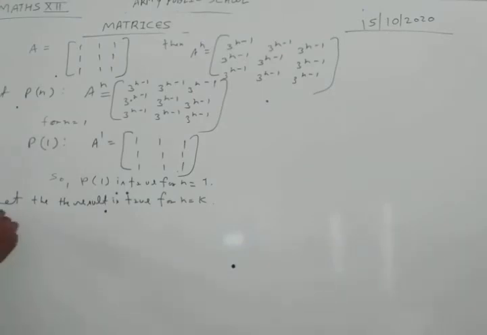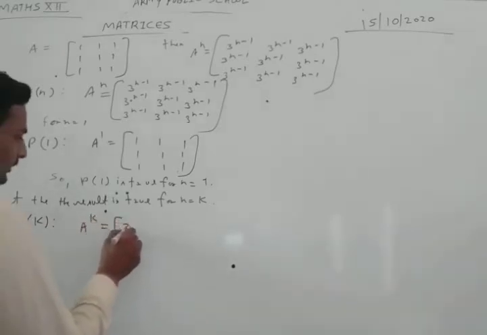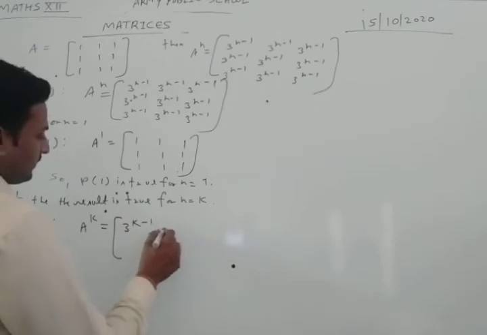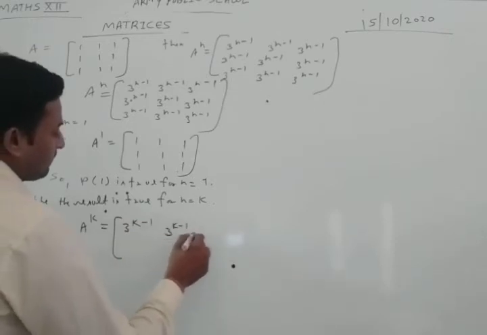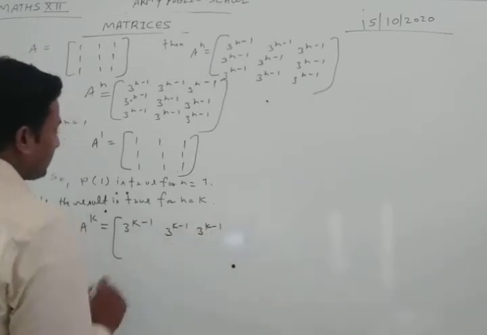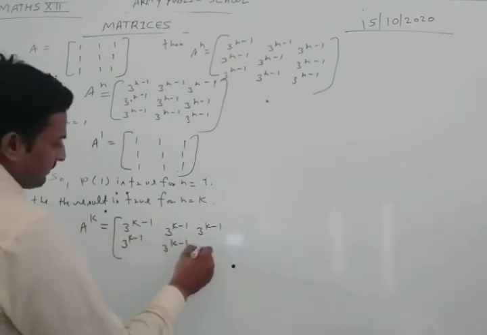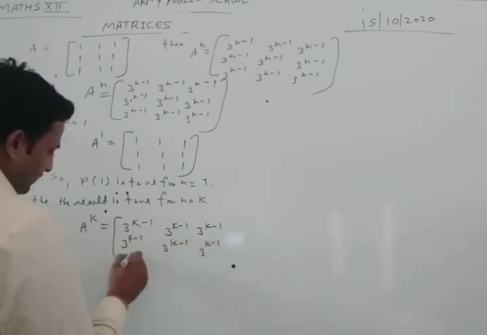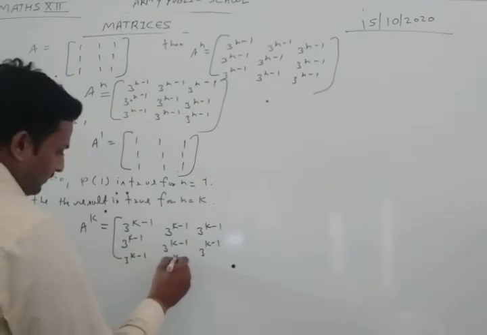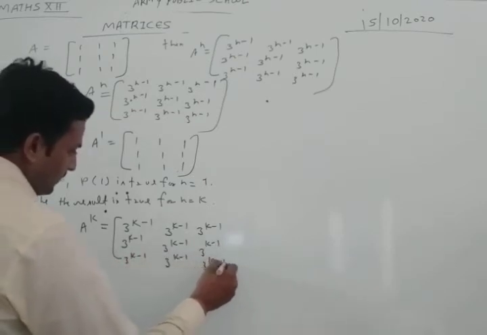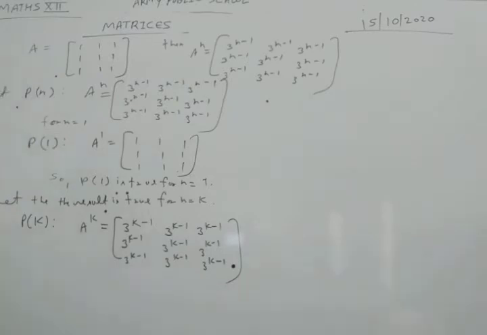So take Pk such that A to the power k is equal to the matrix with every entry 3 to the power k minus 1.